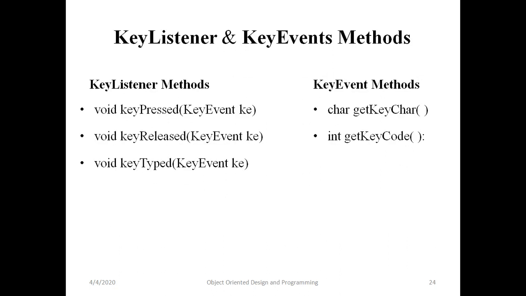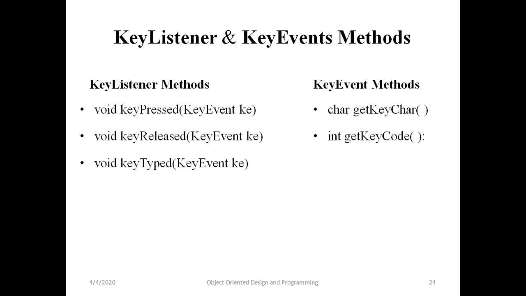Now we are going to write the program for handling keyboard events. Before writing the program, we must know what is the event that is generated and what is the listener. The steps in writing the program: first you have to register the listener. Which is the listener that is used? Key listener is used.